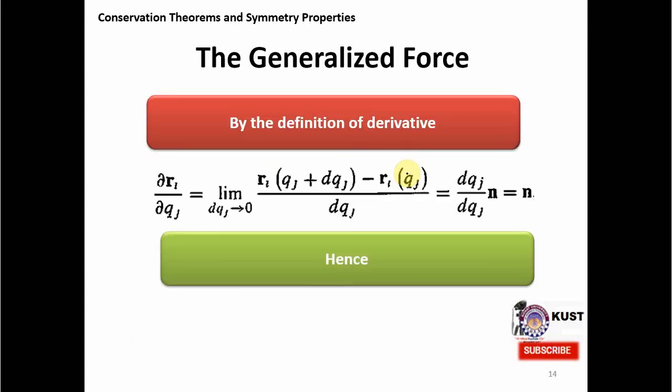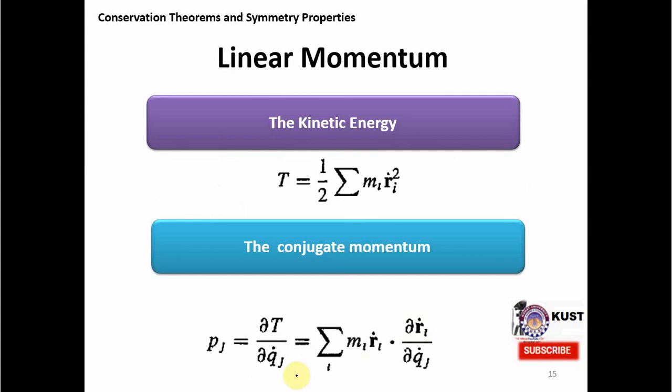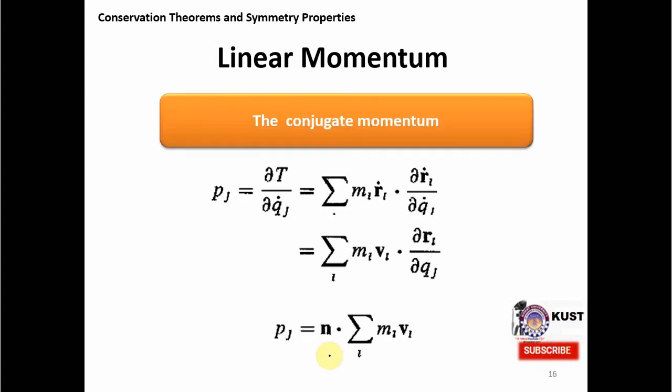That's what it meant, and we have derived that this Q is equal to n dot F, and this generalized momentum, as you have seen here, is equal to n dot the linear momentum. So this was the first example where, although the usual quantities, linear momentum and force, were not conserved, their generalized versions were.